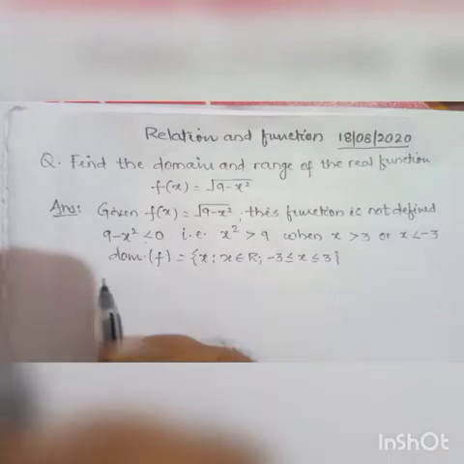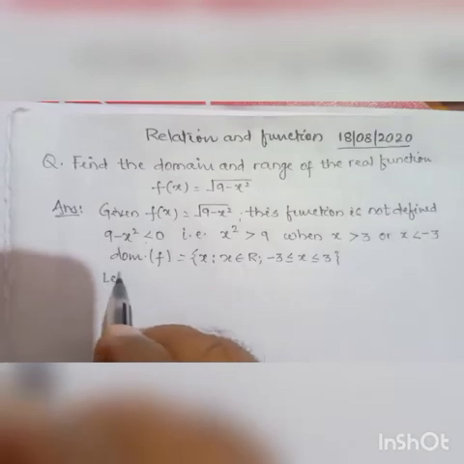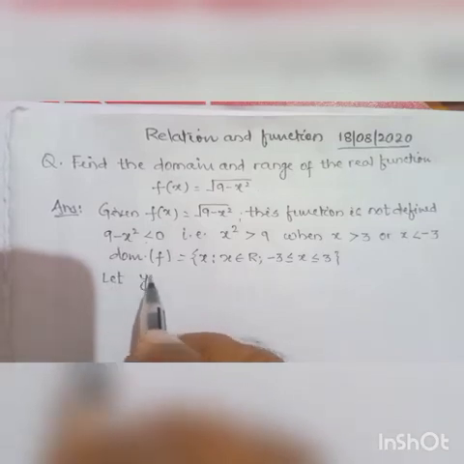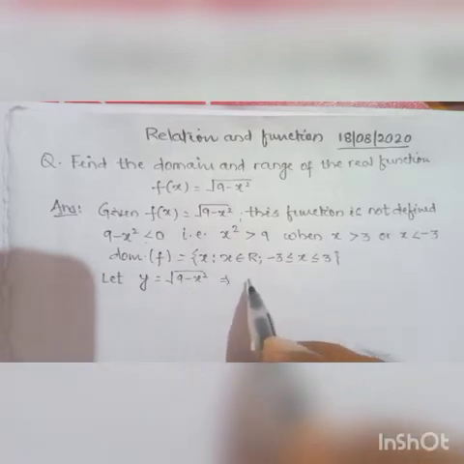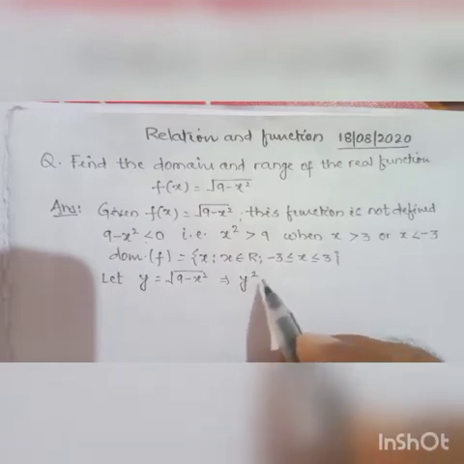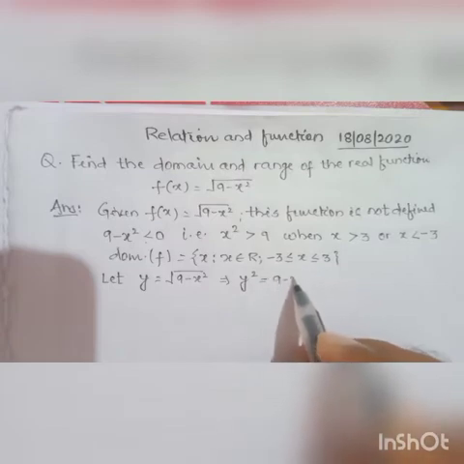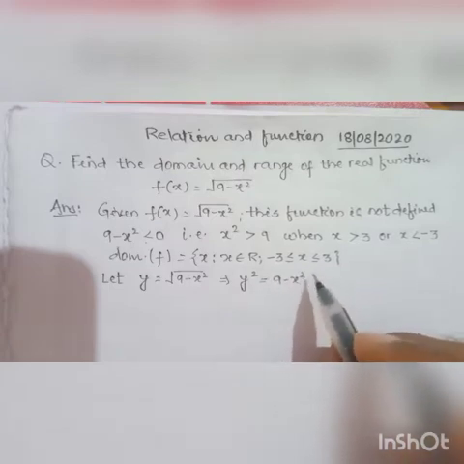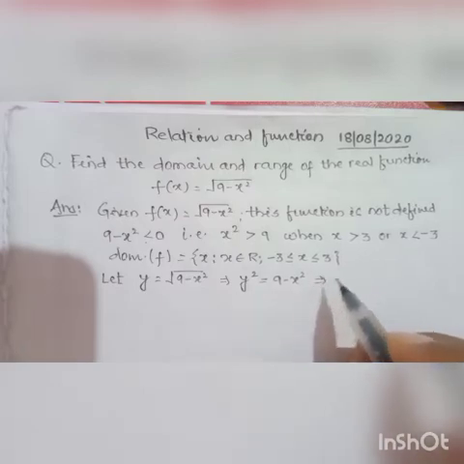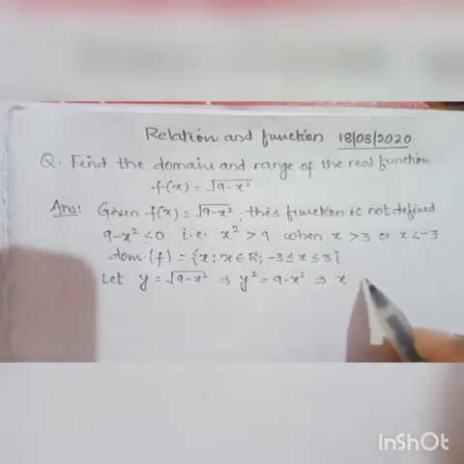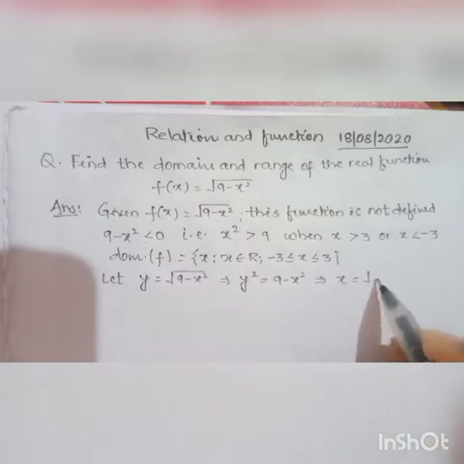Consider y is equal to under root 9 minus x square. So y square will be 9 minus x square, and hence x is equal to under root 9 minus y square.